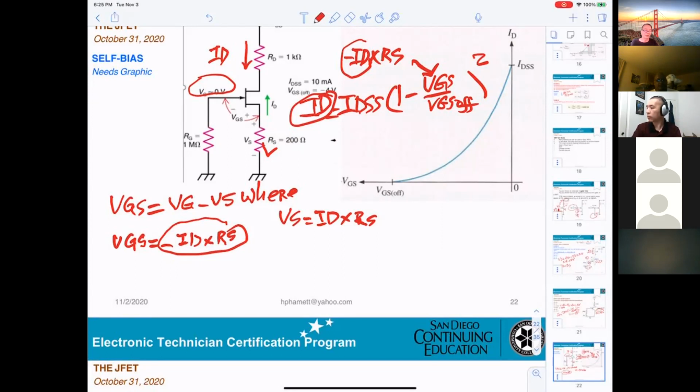When you substitute VGS into the formula ID equals IDSS times 1 minus VGS over VGS off, squared, you get the unknown ID on both sides. That is hard to do by calculation, so they need the graph. Now, I will show you how we can do it.